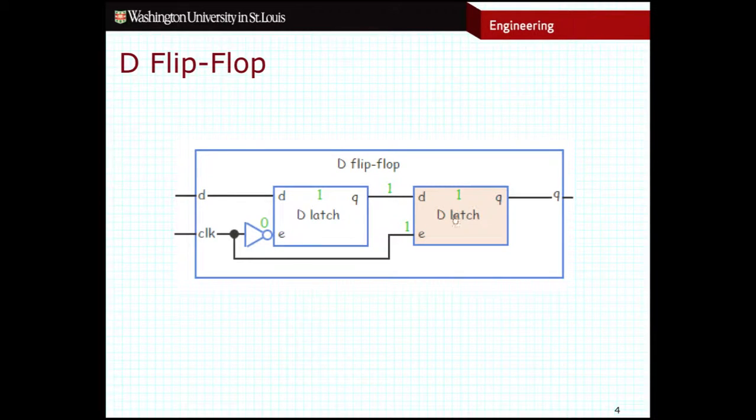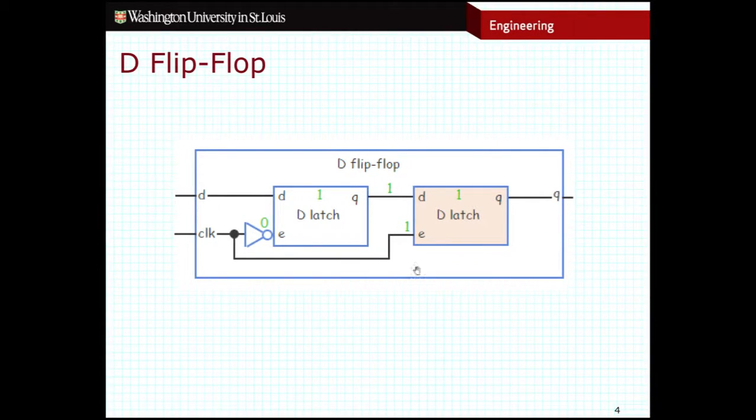When it's low, this D latch is not accepting any new inputs, but this D latch is. So it's going to read in whatever D is and start outputting it. As soon as this clock signal goes high, this latch is going to shut itself off. It's going to remain stable at whatever that value of D is, and then this D latch over here is going to read in that value of D and store it for itself.